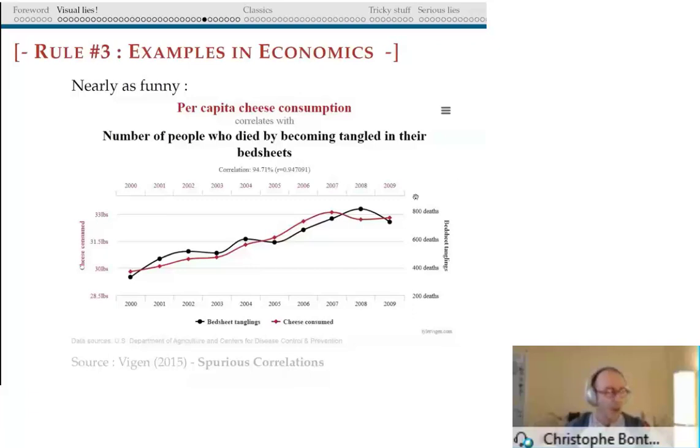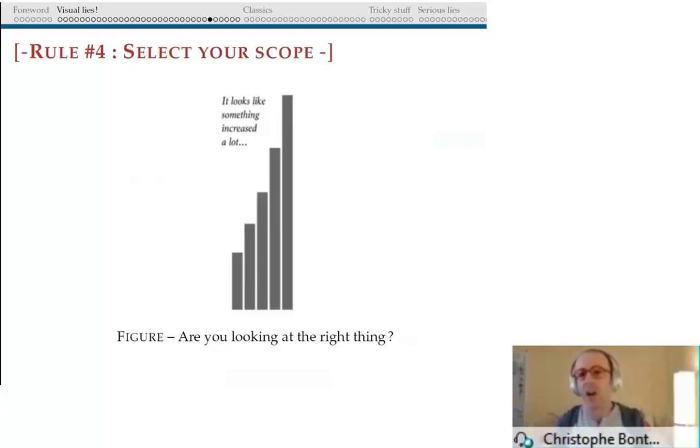There are some other types of problems. Imagine that somebody shows you a graphic. Here there is no annotation of the x or y axis. You look at something like that, bars, and you say, okay, it seems that horizontally you have the time, for example, and you think that this is increasing a lot. And if it starts at 0, you say, yes, it's increasing a lot.